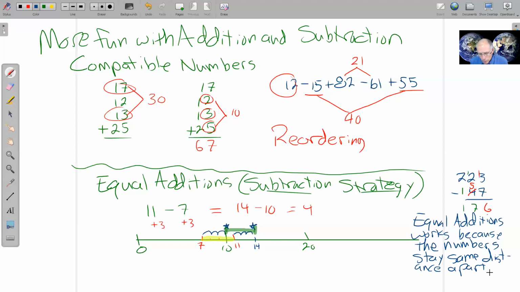So it's both an algorithm for computing subtraction, and it's kind of a mental trick to make a subtraction problem easier by choosing some convenient value to add to both that gives us a nicer pair of numbers. So 14 minus 10 is an easier subtraction than 11 minus 7.